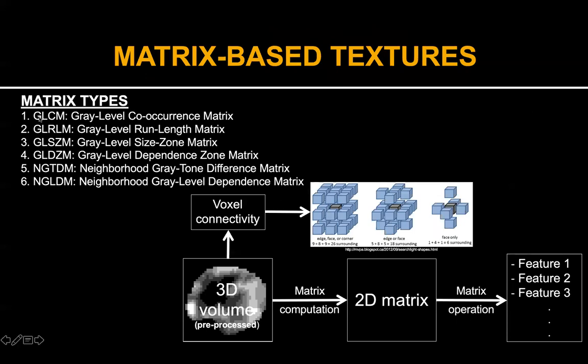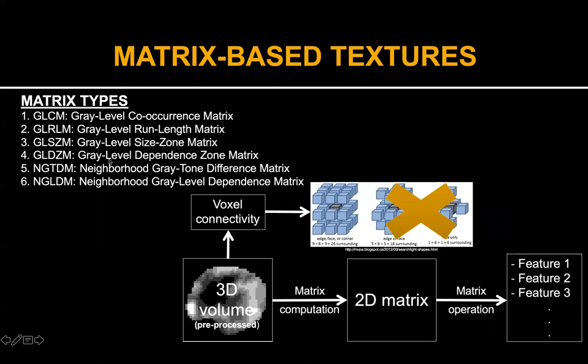Well, there are 6 different matrix types, basically texture features with different matrix types: gray level co-occurrence matrix, gray level run length matrix, and the process is always the same, right? You look at 26 voxel connectivity for a 3D volume that has been pre-processed. From this volume, you calculate a 2D matrix.